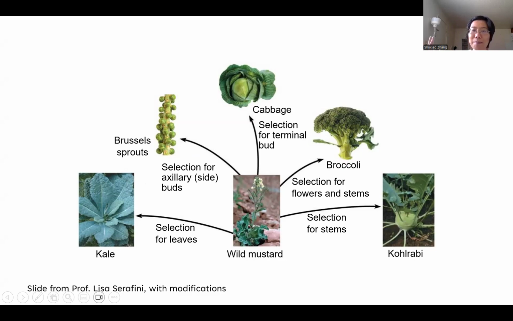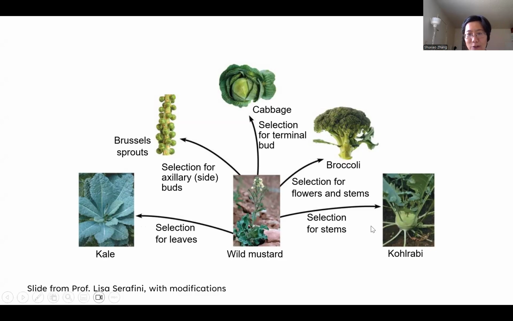So man-made selection, where basically we selected in kale for plants that have bigger leaves. For Brussels sprouts, we select for the axillary or lateral buds. For cabbage, you're selecting for the terminal bud. For cauliflower, you're selecting for large shoot apical meristem. For broccoli, you're selecting for large floral meristem.